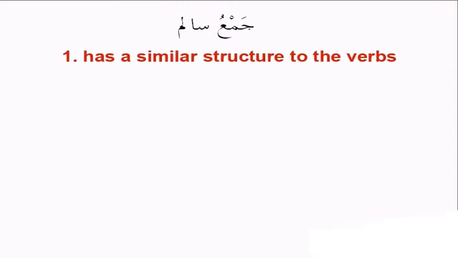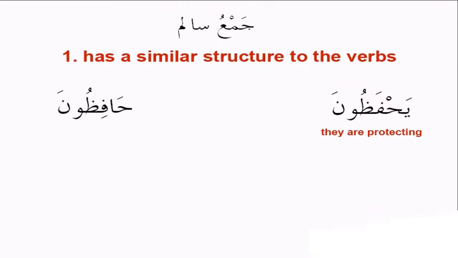Okay, we have the jam'u salim. Now, the first aspect of this is that it has a similar structure to that of verbs. So what do I mean by that? Here we have the verb yahfadhuna, which means they are protecting or guarding. So this is the plural verb, and similar to this verb, we have the ism fa'il, hafidhuna, which means they are protectors.